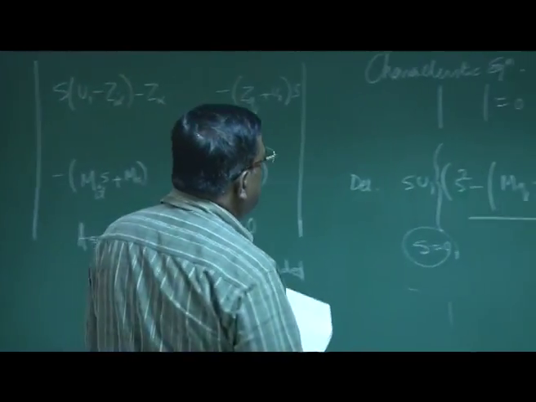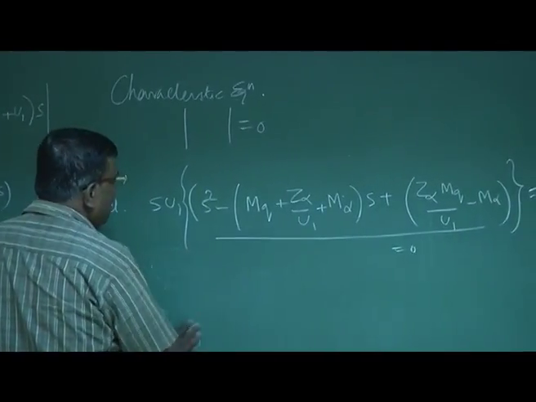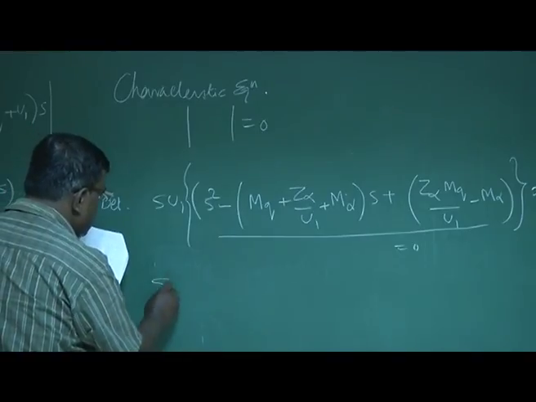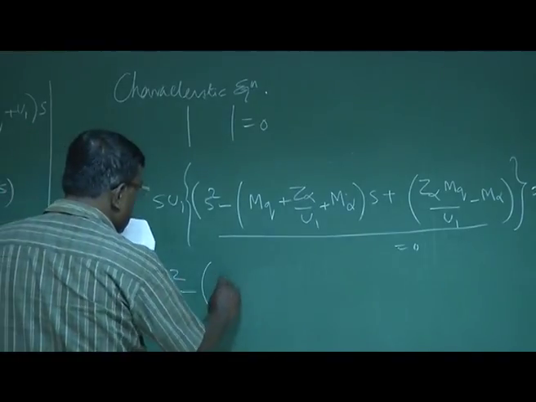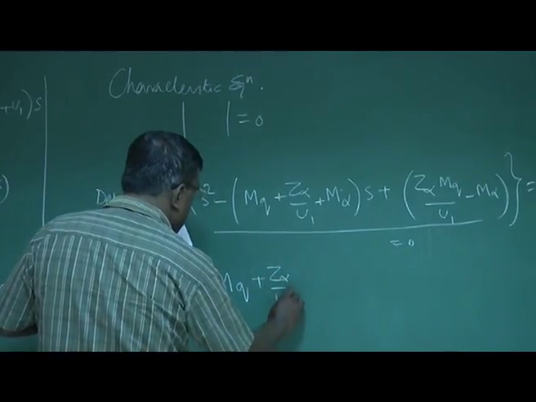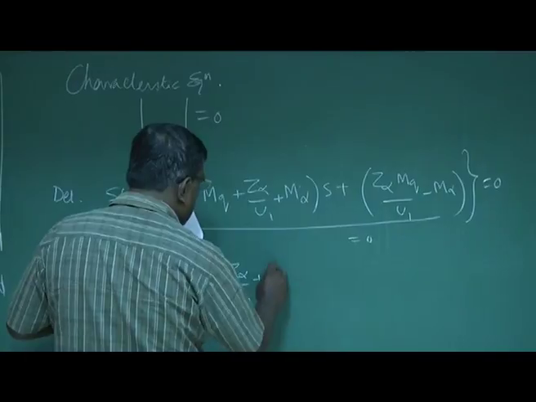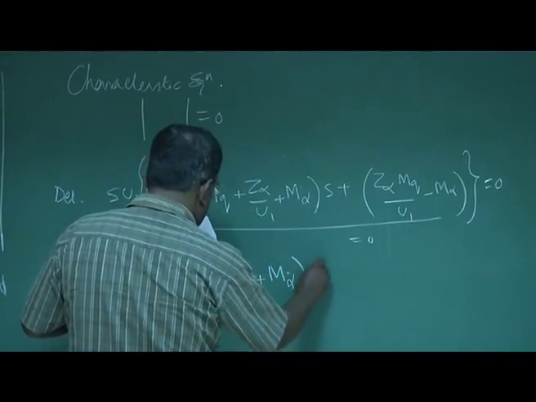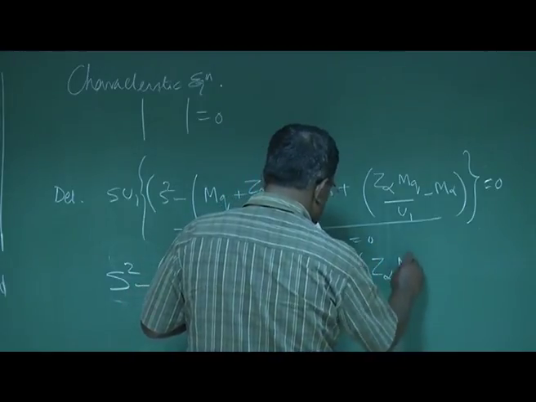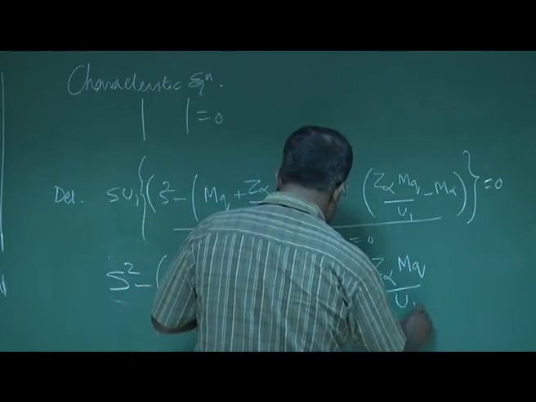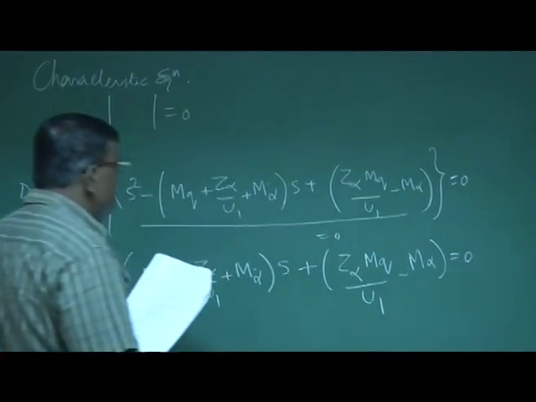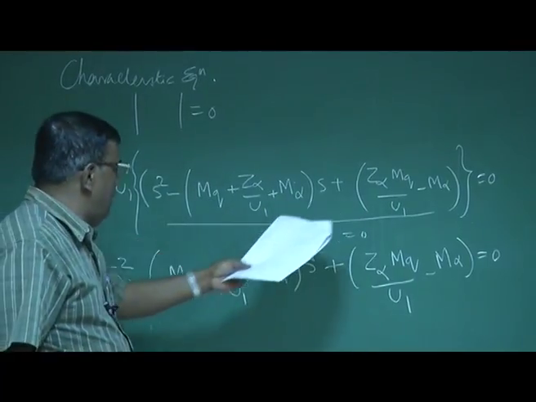So we will not take this solution at all, and we'll use this equation, and then we get the final characteristic equation for a short period as s square plus (mq plus z alpha by u1 plus m alpha dot) into s plus (z alpha mq by u1 minus m alpha) equal to 0. As simple as that. Okay.